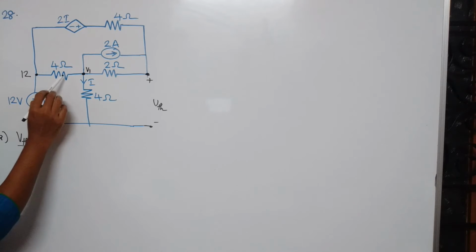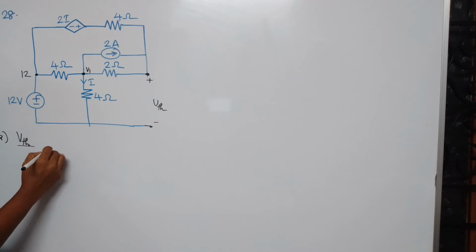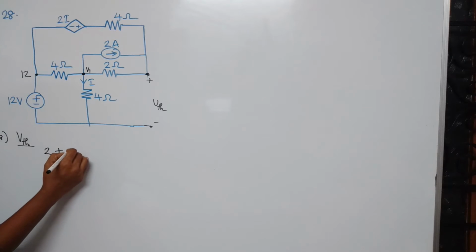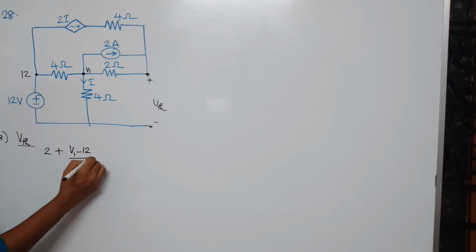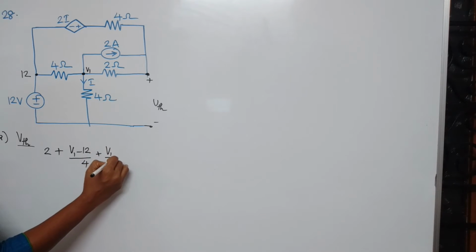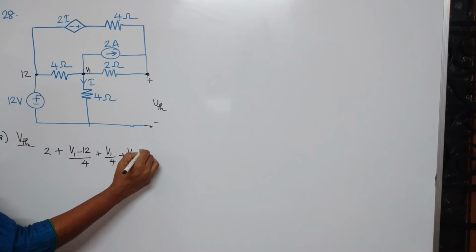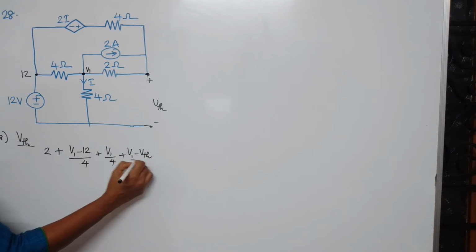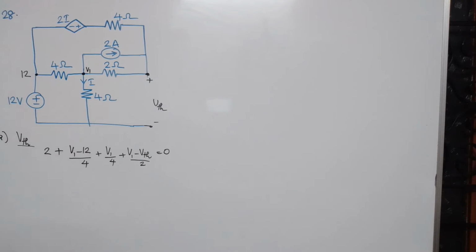What will be the equation? 1, 2, 3, 4 branches. 2 plus (V1 minus 12) by 4 plus V1 by 4 plus (V1 minus VTH) by 2 equal to 0.